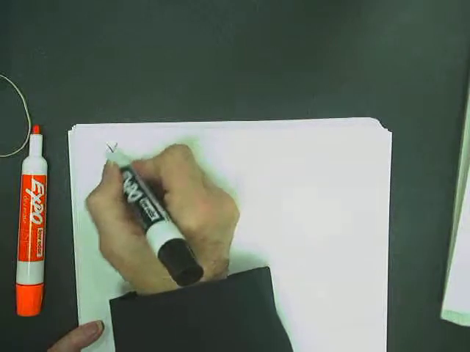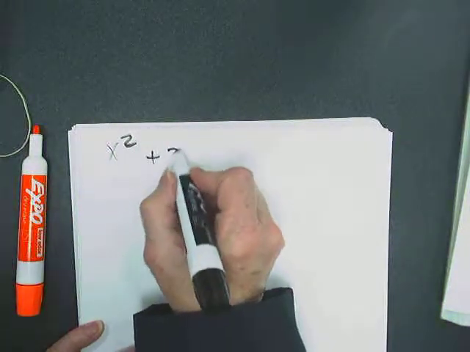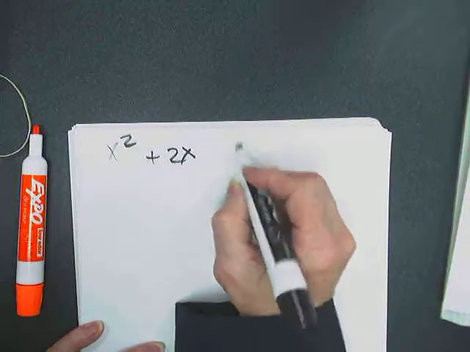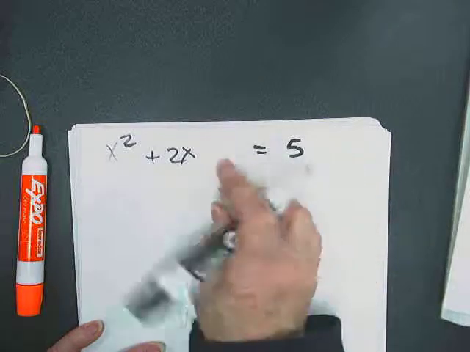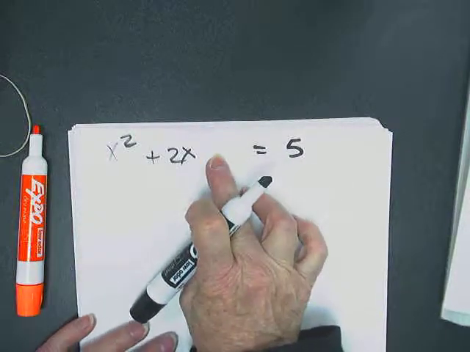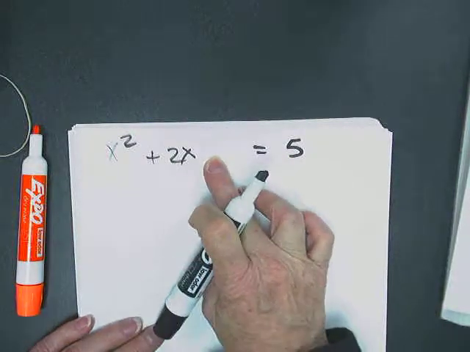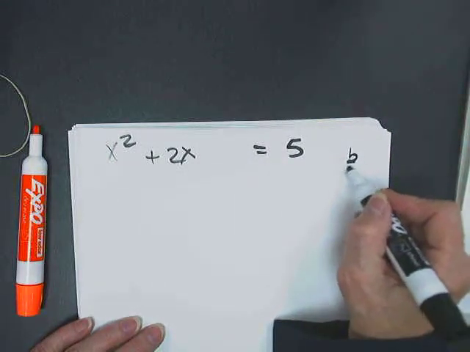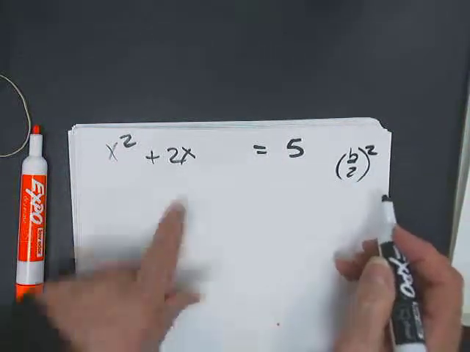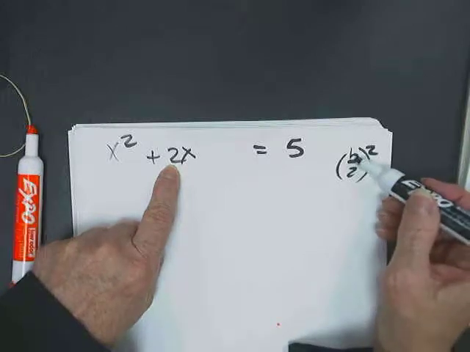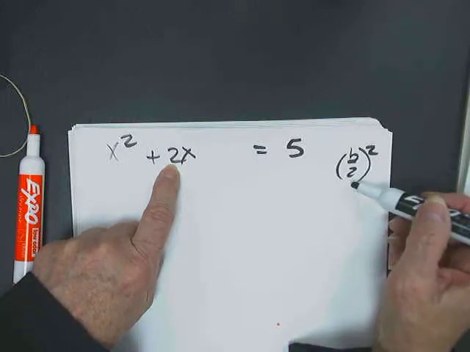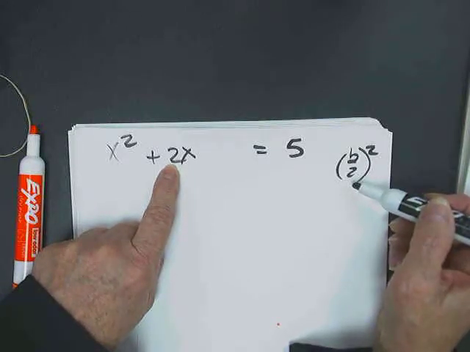So let's do some more of those. Remember, you're adding half of b squared to both sides. That's how you complete the square. Okay, let's do another one. Okay, x squared plus 2x equals 5.